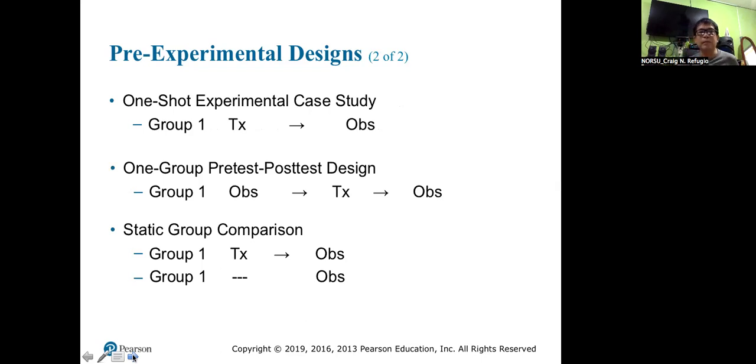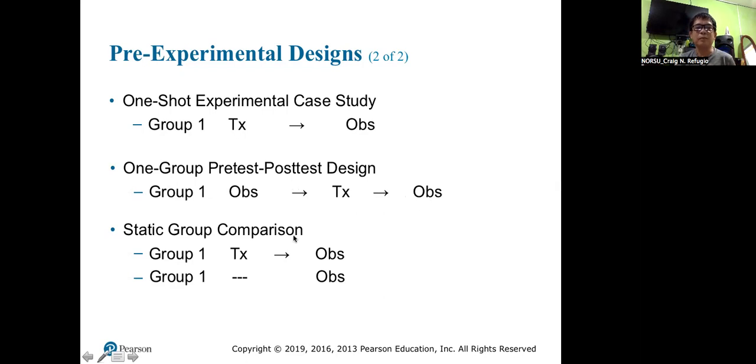Under pre-experimental design, we have the one-shot experimental case study: group 1, then treatment, and then observation. One group pre-test, post-test design: still group 1, you do the observation as a pre-test, then give the treatment, and then do the observation again.